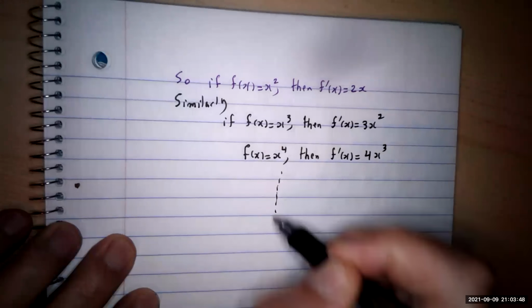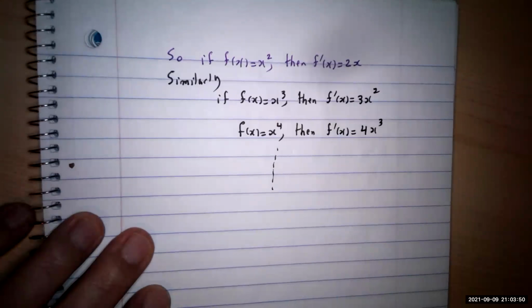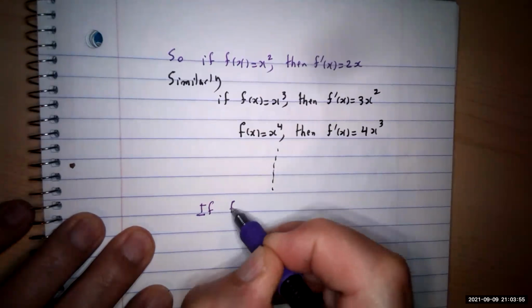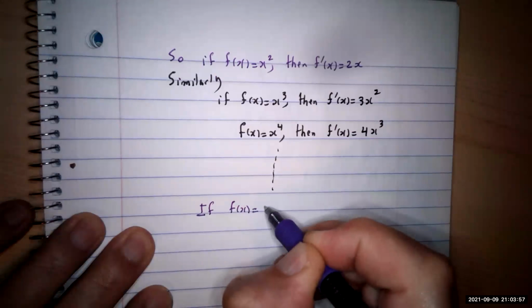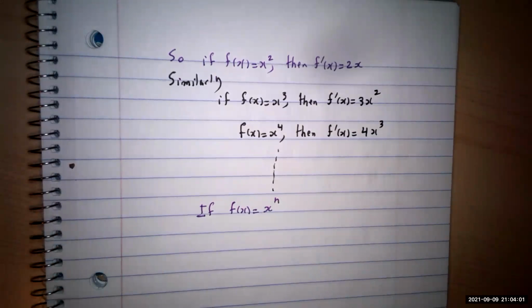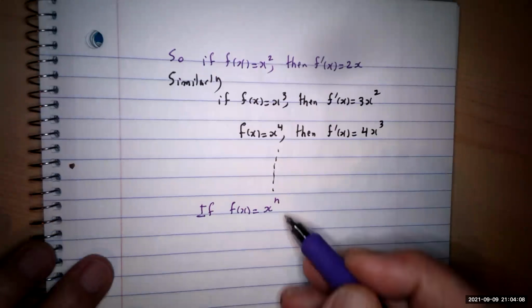So forever means what? Means in general, if f of x is equal to x to the n, any number, then what is going to be the formula?